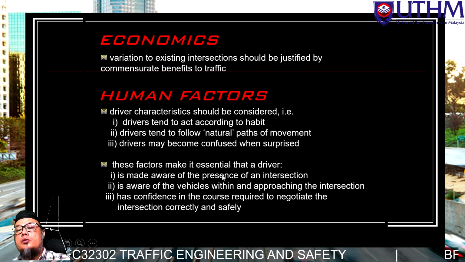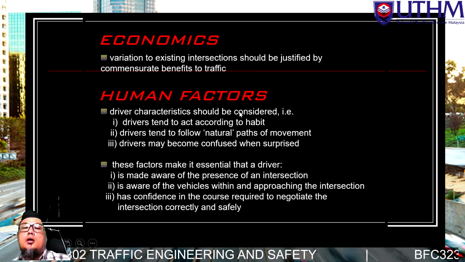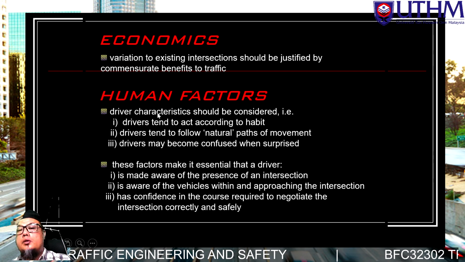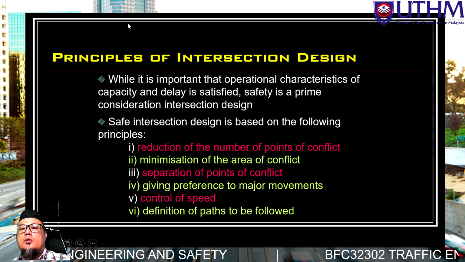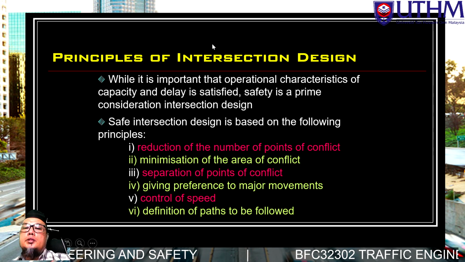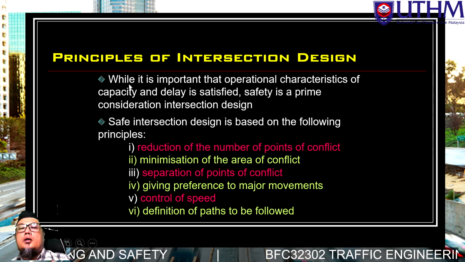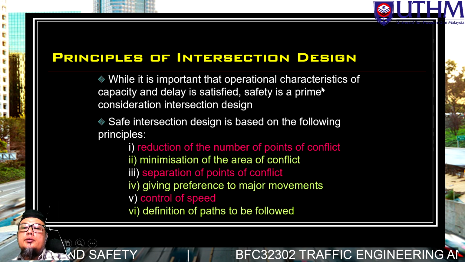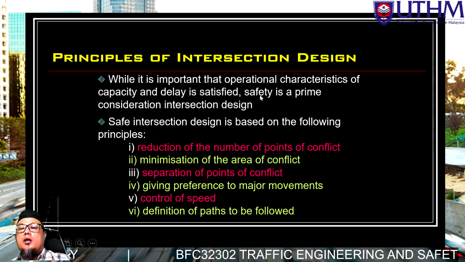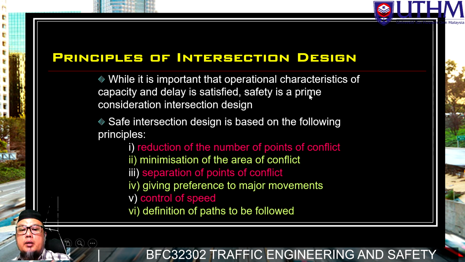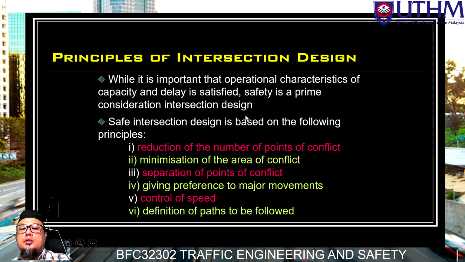So this is how we try to overcome or mitigate the factor of different driver characteristics. Okay, principles of intersection design. It is important that the operational characteristics of capacity and delay are certified. Safety is the primary consideration in intersection design.